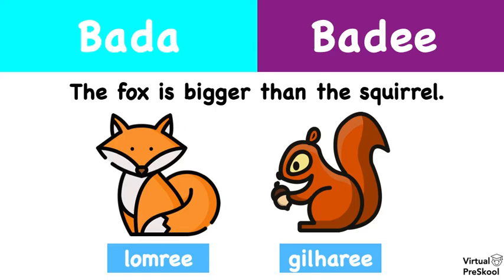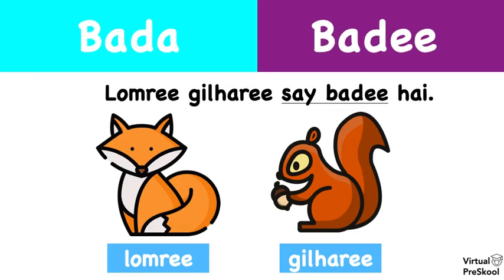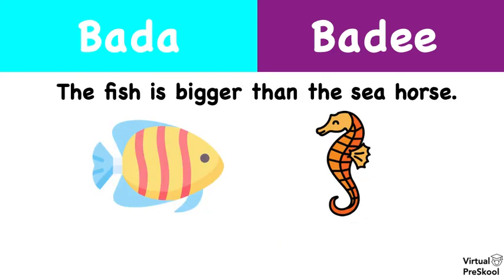So would we use bada or badi? Fox is lomadi. So we would use badi. And put the sentence together. The fox is bigger than the squirrel. लोमड़ी गिलेरी से बड़ी है.